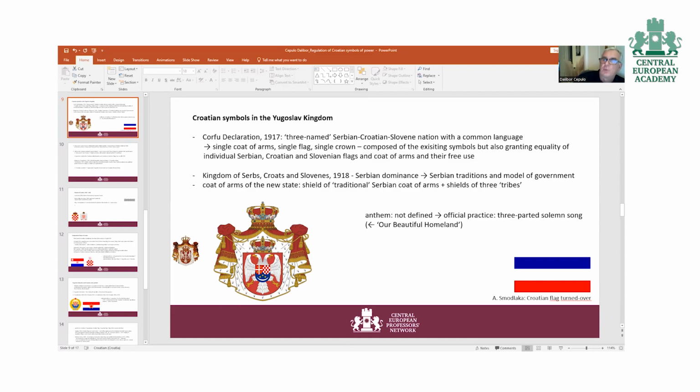What was certain was that the country was based on Serbian dominance, Serbian traditions and a Serbian model of government, which could be seen in the outlook of the coat of arms of the new state, which almost completely followed the outlook of the Kingdom of Serbia.